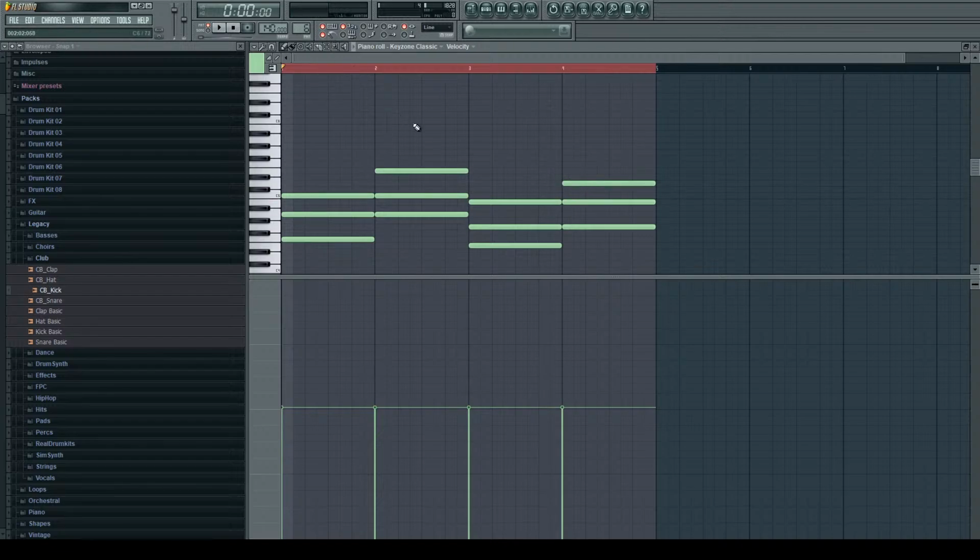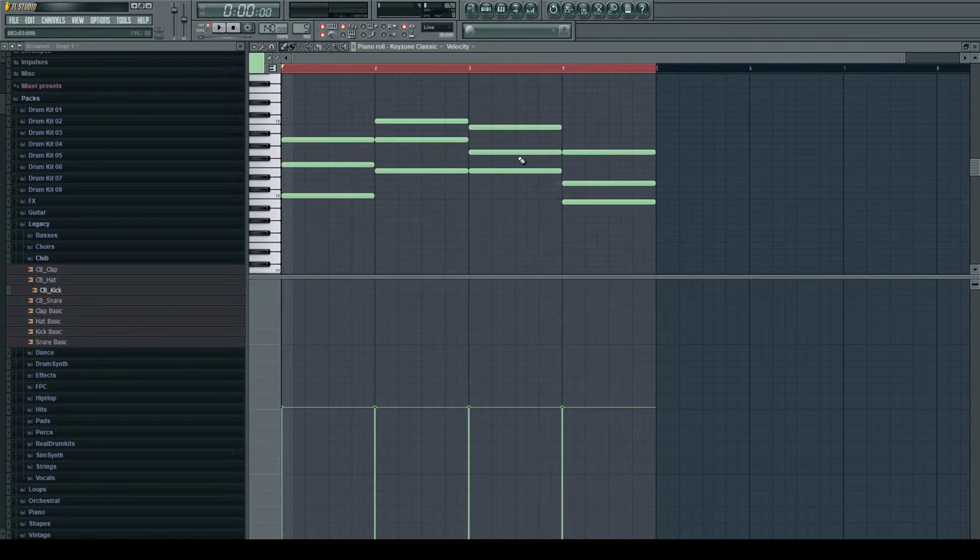So let's compare them. So this is like the block chords only. Chad block chords. All right, that's it. And then this is with the voicing.